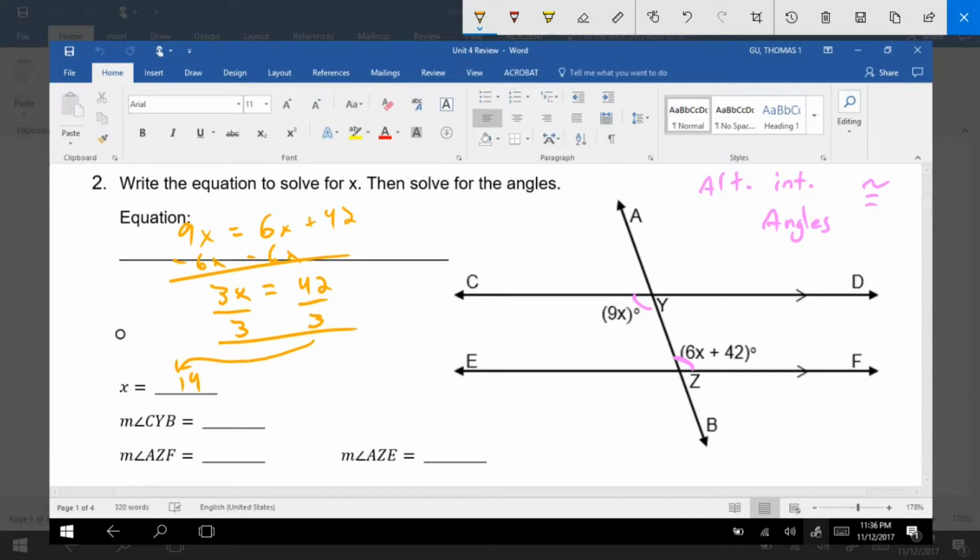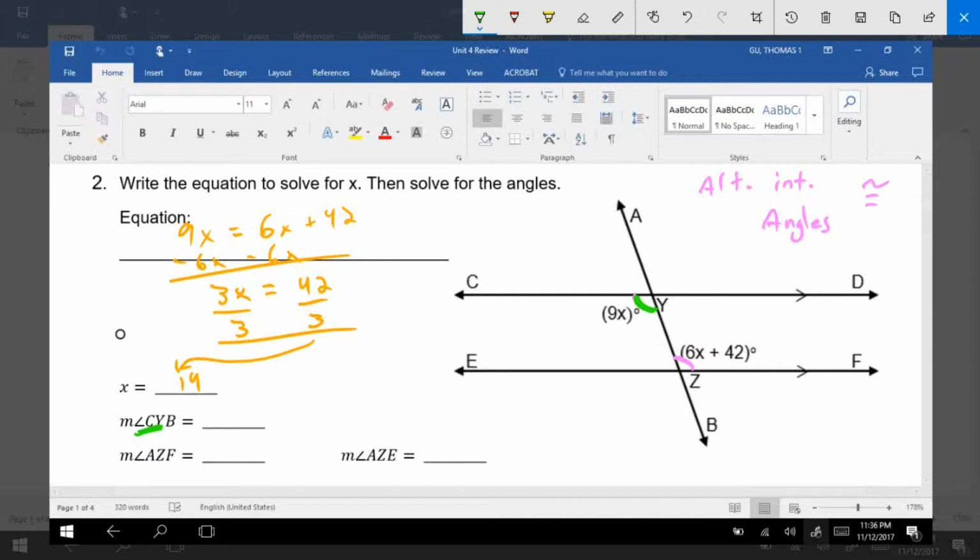All right, now we're going to find the measure of angle CYB. I'm going to label that with a green. Where is CYB? Here's C, here's Y, and here's B. So it's going to be right there. It's actually the one where we already found x, where it's actually 9x. So x is 14. So how am I going to find measure of angle CYB?